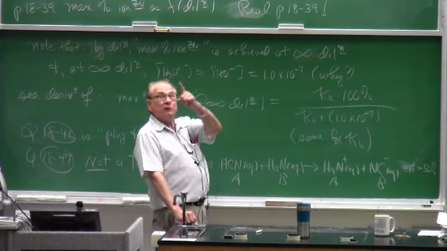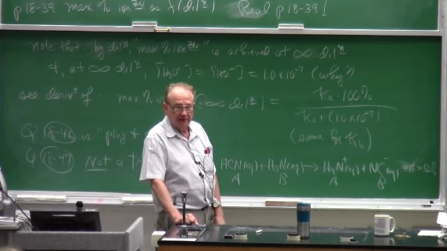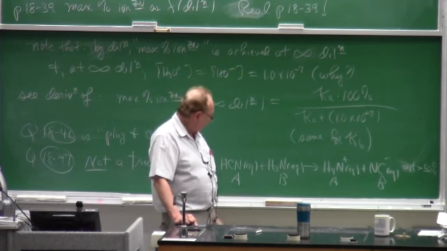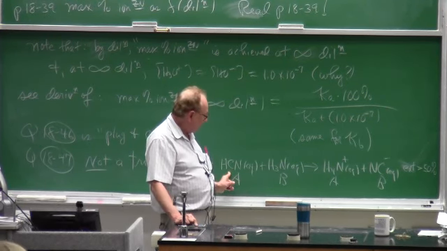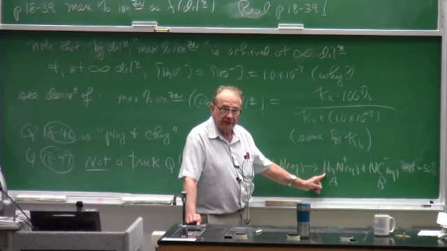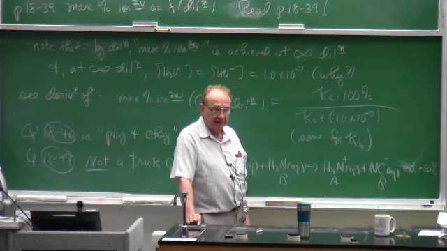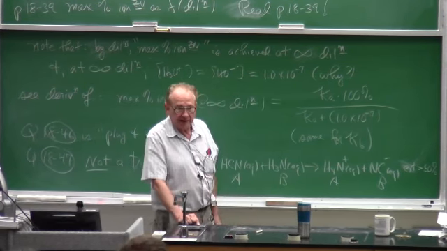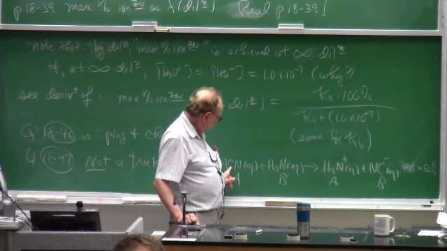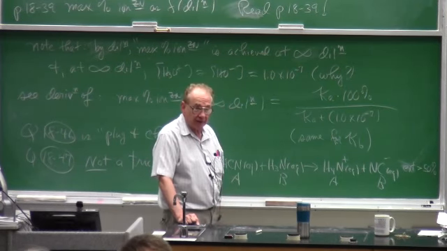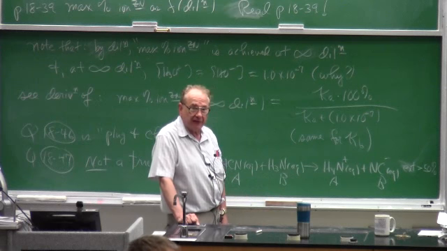Ka for this thing is 6.2 times 10 to the minus 10. Ka for this thing is 5.6 times 10 to the minus 10. So this is a stronger acid than this. Not a whole lot stronger. So this goes greater than 50%.